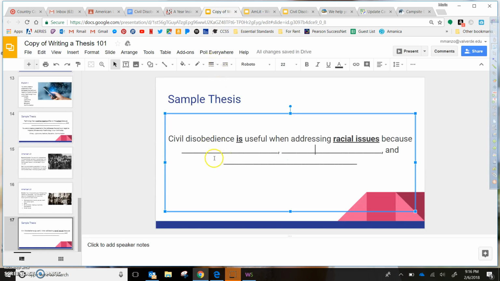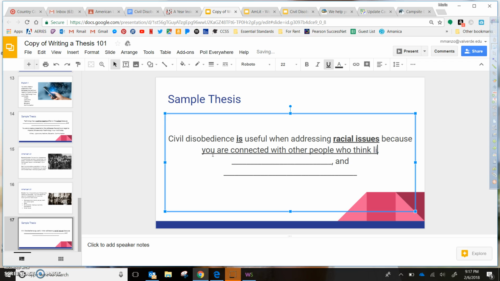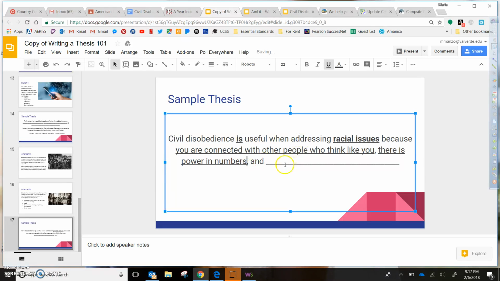For mine, I'm going to go ahead and say this. I'm going to say civil disobedience is useful when addressing racial issues because you are connected with other people who think like you. And then I'm also going to say there is power in numbers.